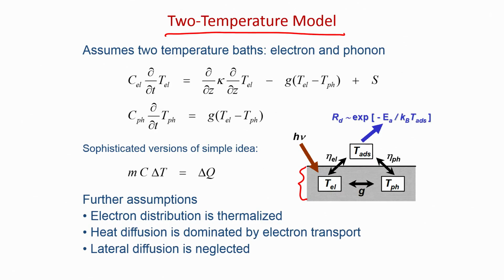Another, all phonons are collectively considered to be a phonon bath, and that is why we have shown here, metal substrate is nothing but a coupled heat bath of electron and phonon. And also I have mentioned that the photon energy will be deposited to the electron first, not the phonon, in the range of 800 nanometer.